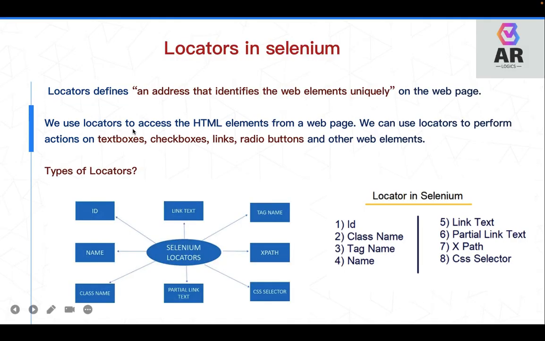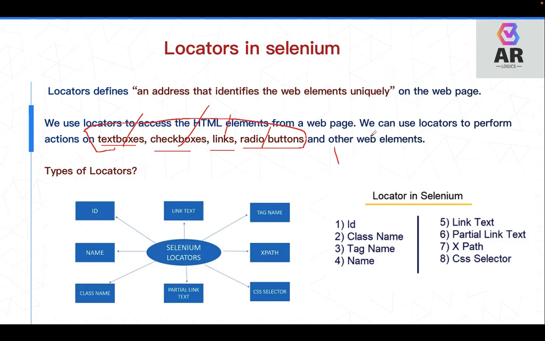We use locators to access HTML elements from a page, and to perform actions on a text field, checkbox, links, radio button. Text field is one web element; checkbox, links, radio button, drop down are all web elements.